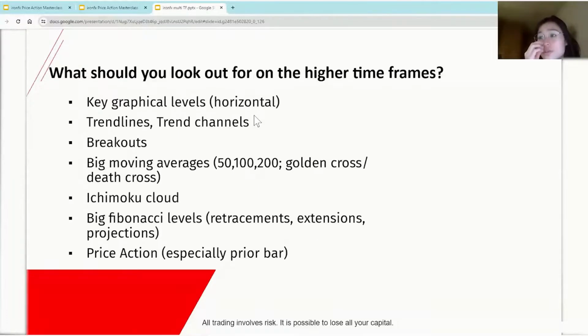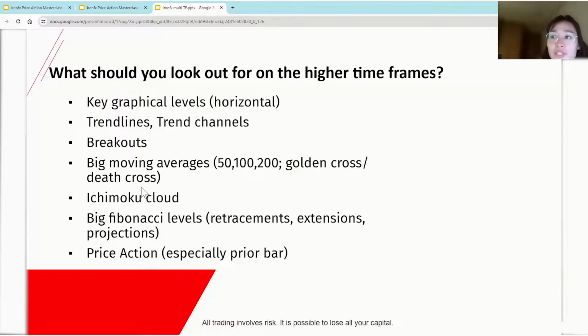So what we look out for on the higher time frames will be key graphical levels. These horizontal levels are those that we just went through: your support, resistance, pullbacks, overlaps, all of those. Trend lines, trend channels that we also just went through. Some breakouts, big moving averages.